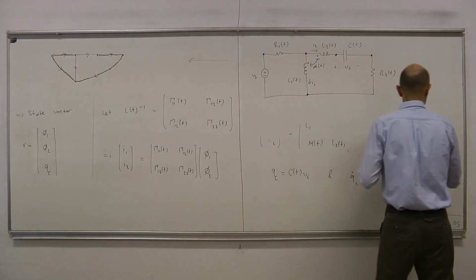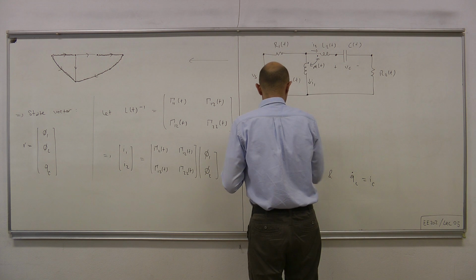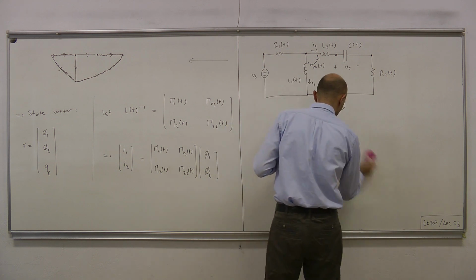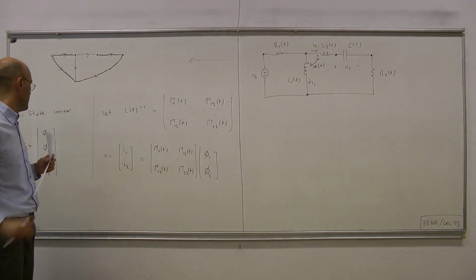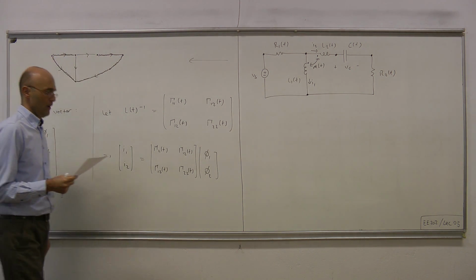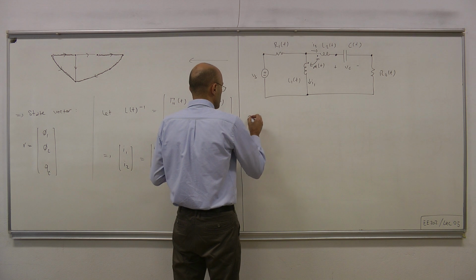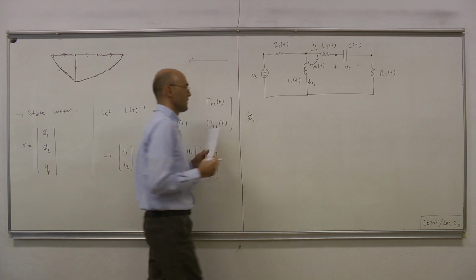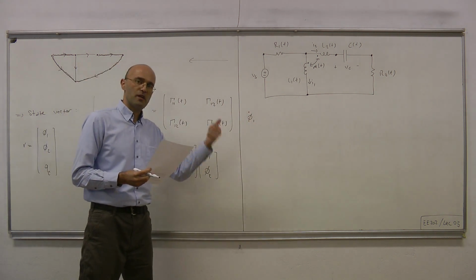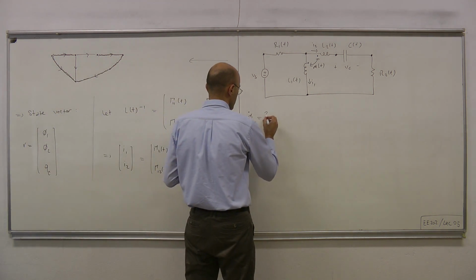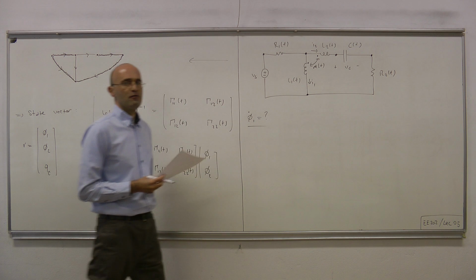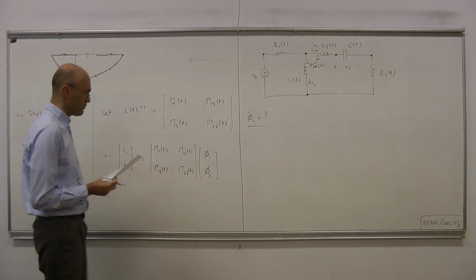Okay, now we're ready to obtain the state equation. For that, let's start from our first state variable, namely phi1. The question that we want to answer at this point is what's phi1 dot, because that's what we need for the state equation. So let's try to figure out phi1 dot. What's phi1 dot?